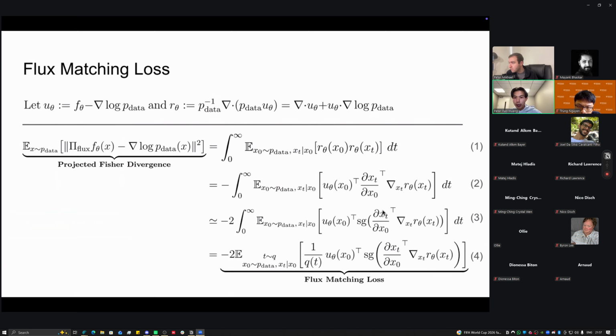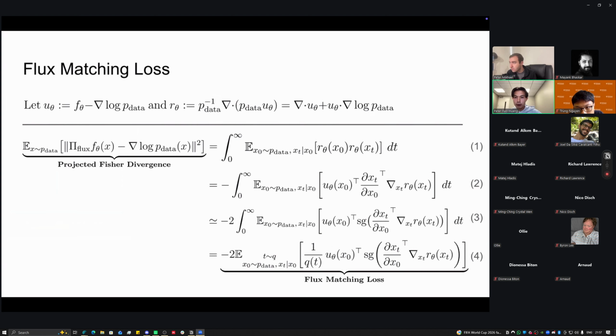We can actually show that step 2 and step 3 are equivalent in terms of the gradients up to a factor of 2, which is quite nice because now we can reduce having to backprop through this really expensive term. If you're interested in how we show this, it's in the proofs in the appendix of the paper.